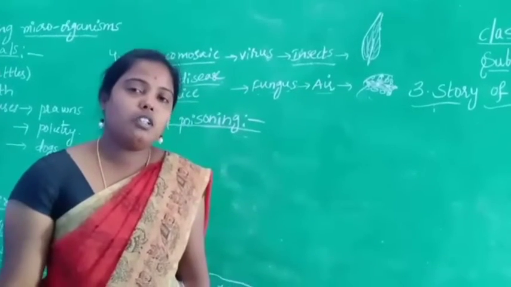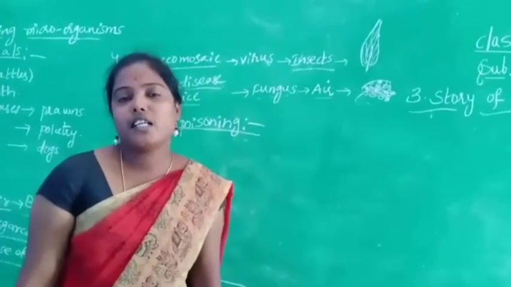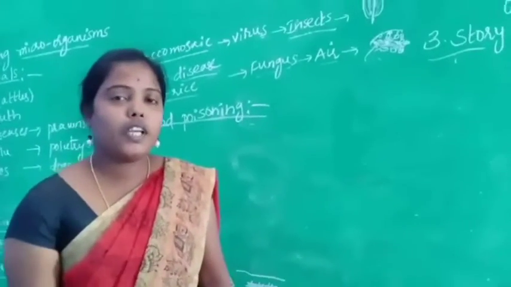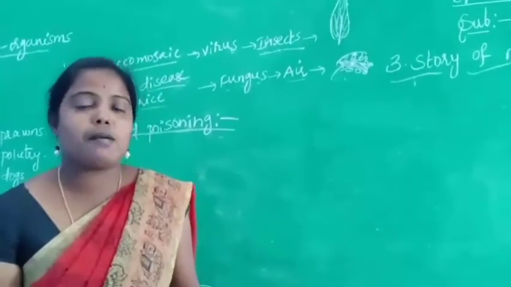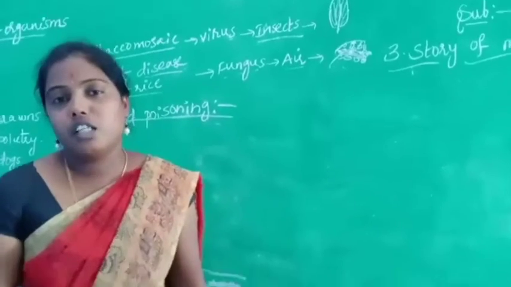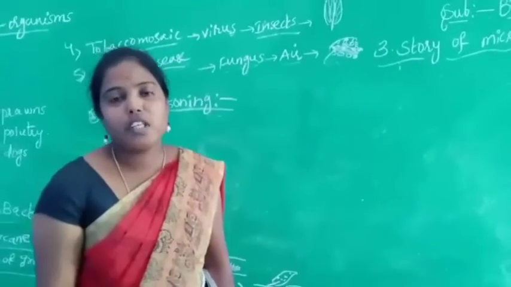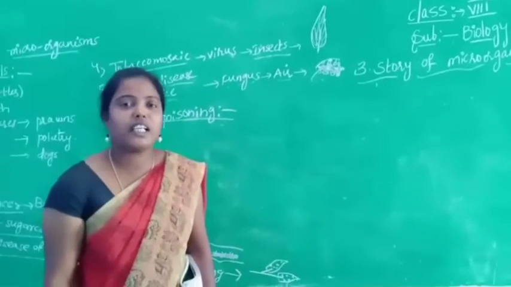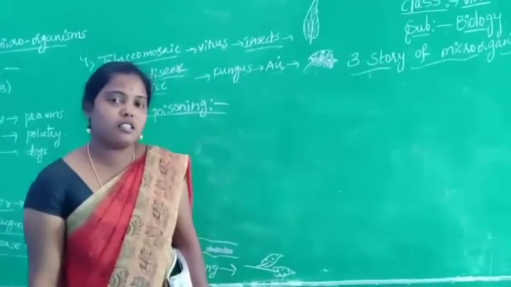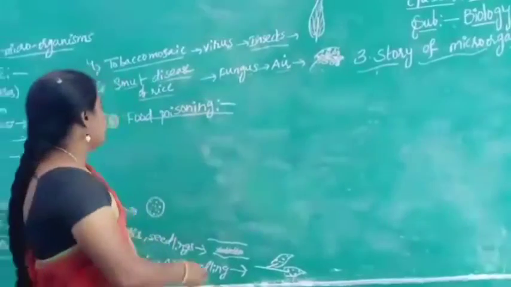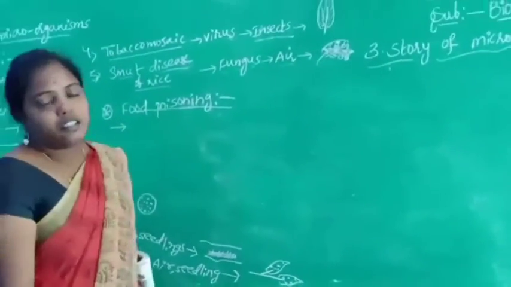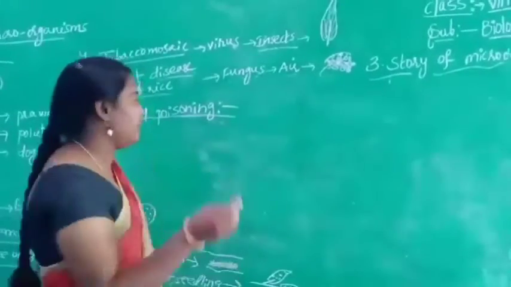When they enter the food, they release poisonous substances into it. So when we eat the spoiled food, we get diseases. Food poisoning occurs due to stale food.